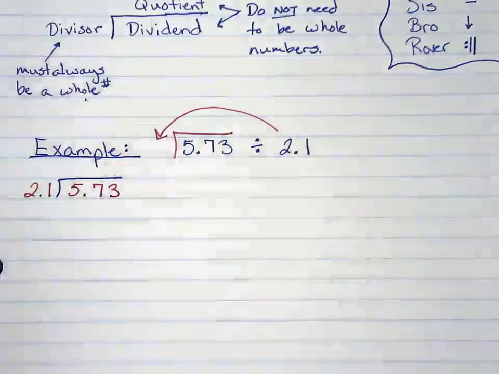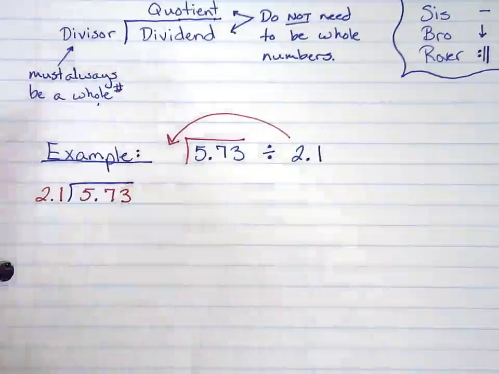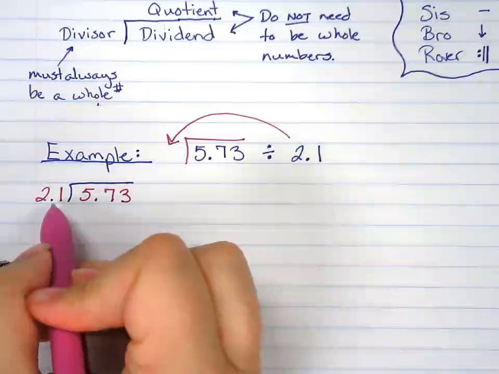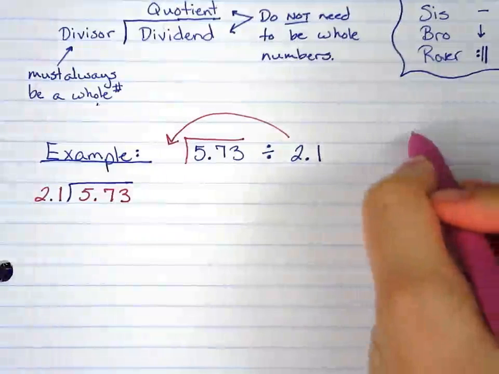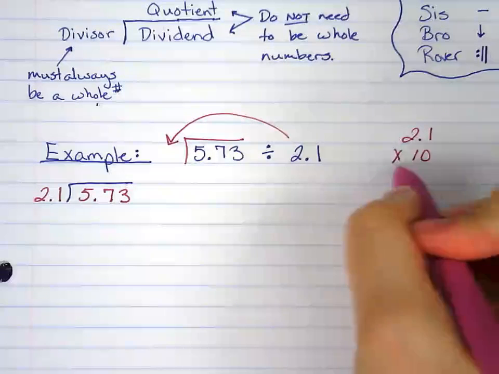Now notice, I have a decimal in my divisor, but we've already stated that I cannot have a decimal in the divisor. So in order to make 2.1 a whole number, technically we are going to take 2.1 and we're going to multiply it by 10.